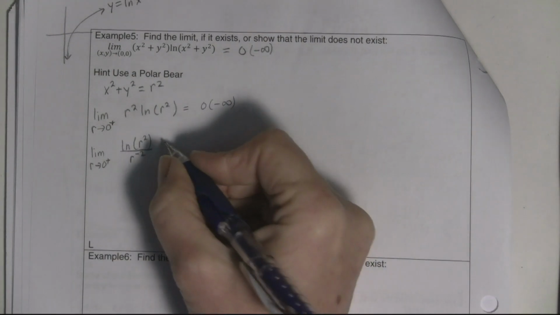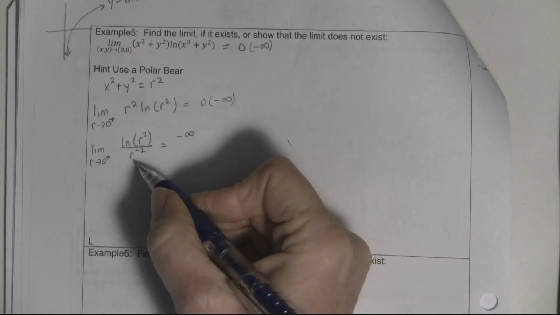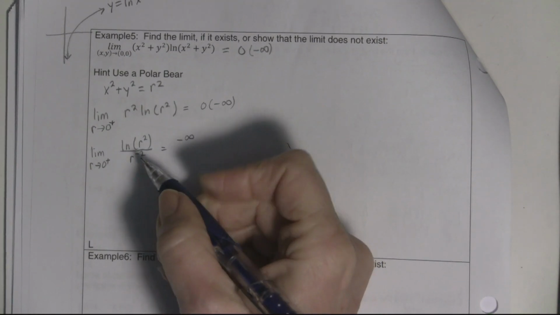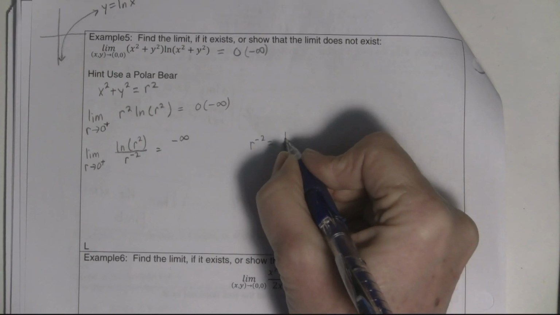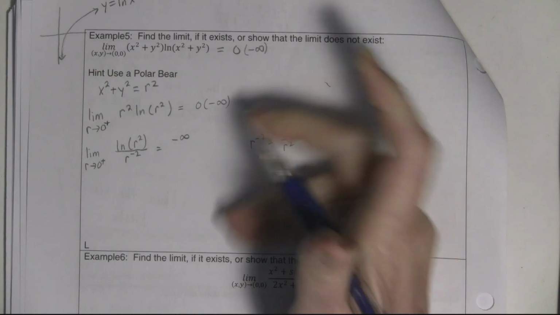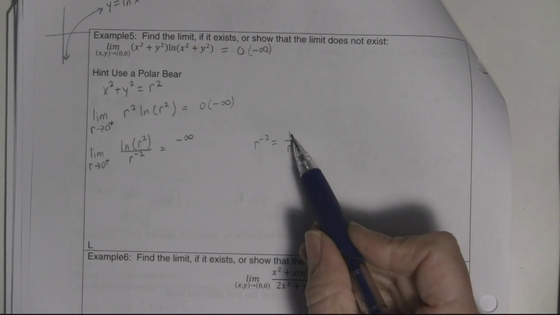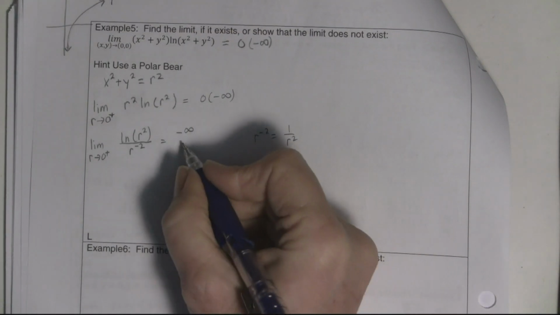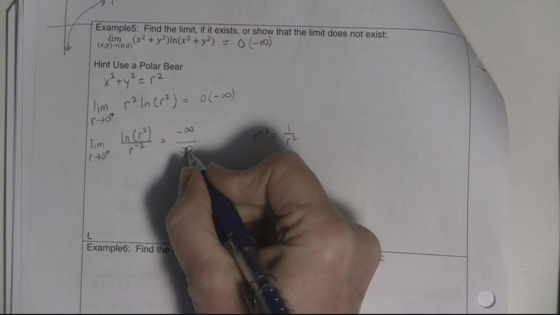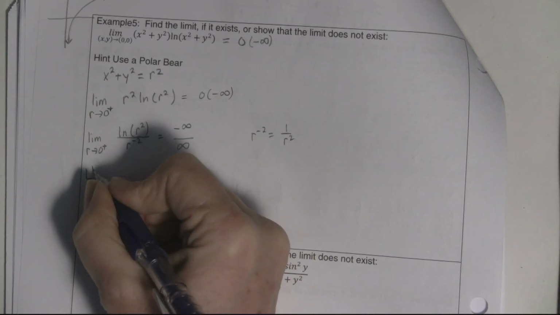And now this numerator is going to negative infinity. And remember that r to the -2 is the same as 1 over r squared. I just wrote it as r to the -2 because that would be cute. And as this gets close to 0, 1 over getting close to 0 is infinity. And that means that we can now use L'Hopital's rule.